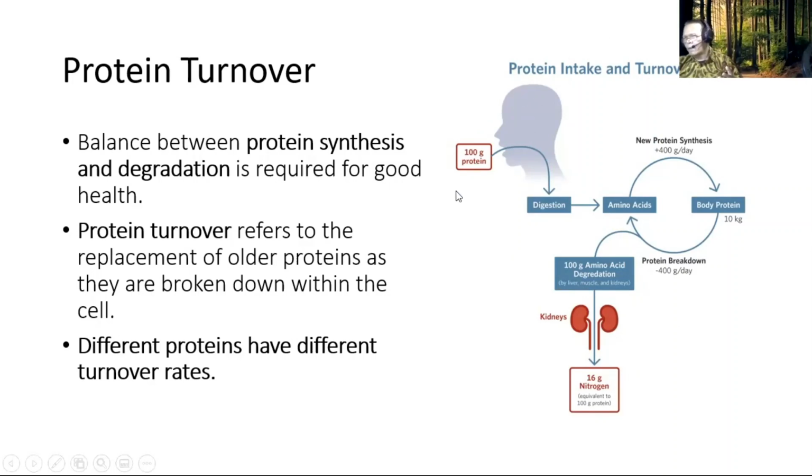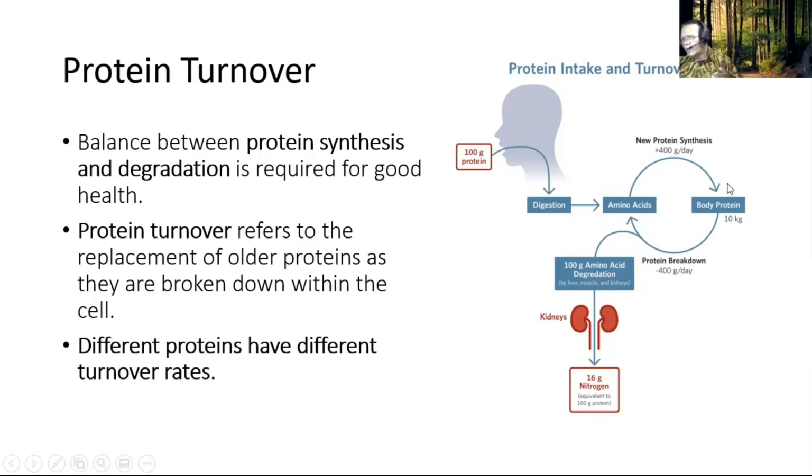Let's say, for example, we take 100 grams of protein, and this protein will be digested to produce amino acids. And then these amino acids will be used or converted into body protein. And body protein can also convert into amino acids.